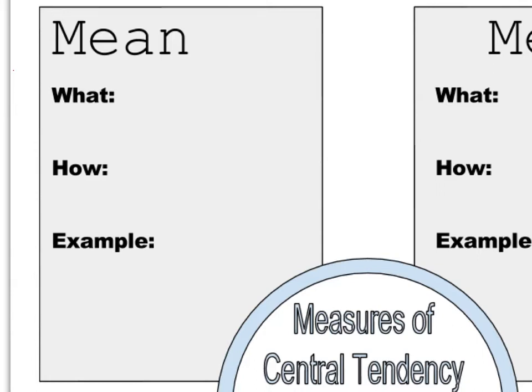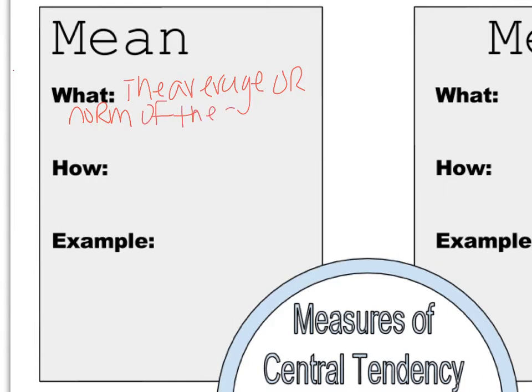Okay, so what is mean? Mean is the average or norm of the given data set. How we find the mean, there are 3 steps.